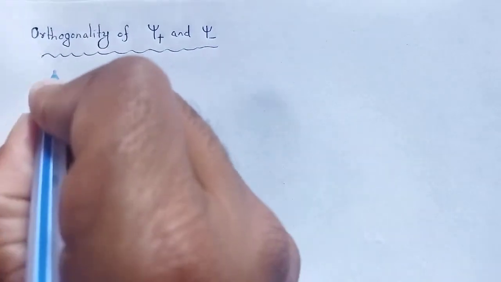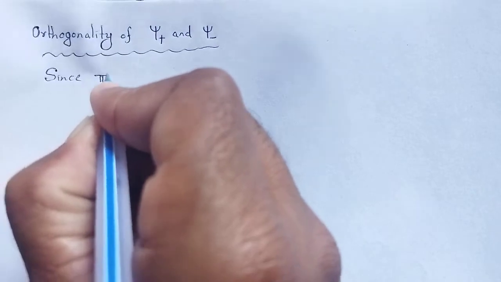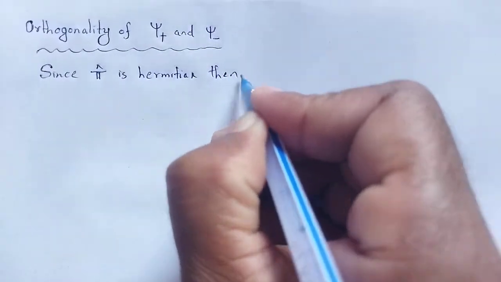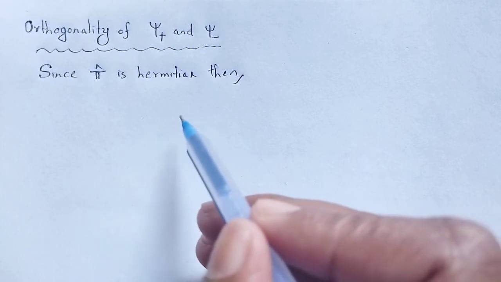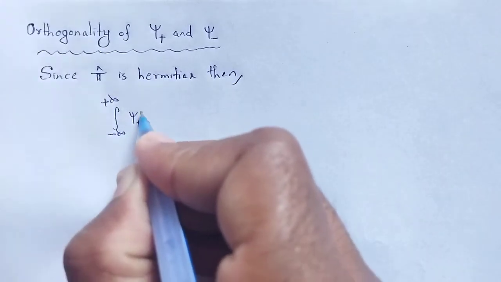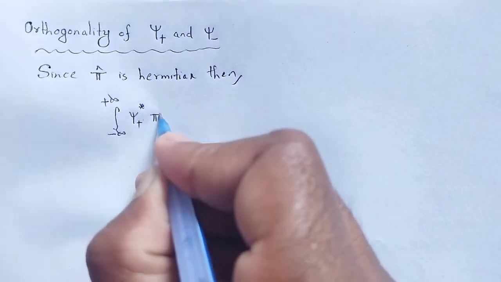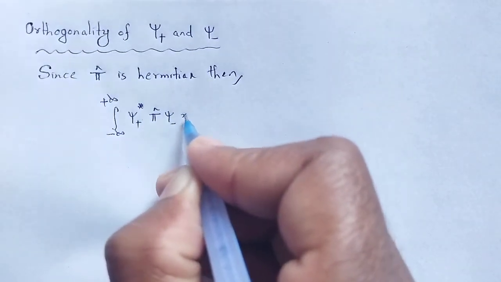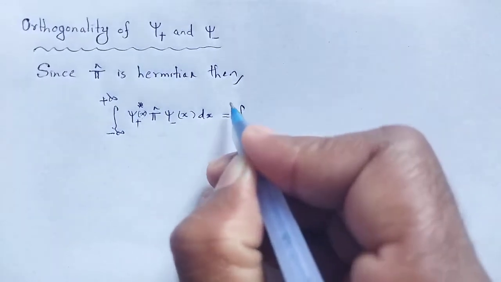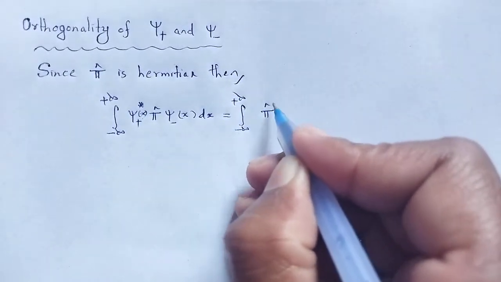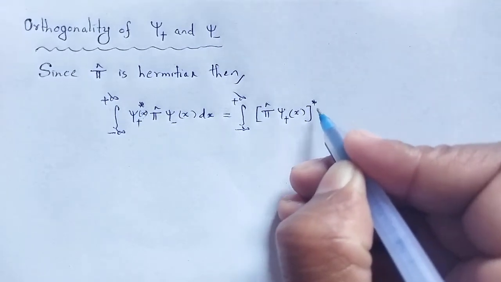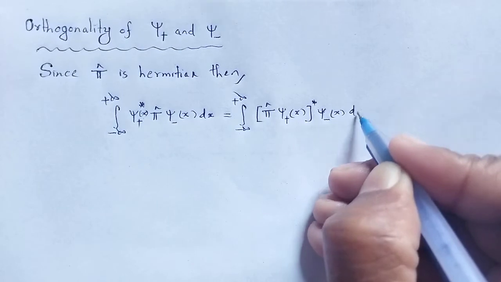Since the parity operator pi cap is Hermitian, then according to the condition of Hermiticity, we write the integration from minus infinity to plus infinity psi plus star pi cap psi minus x dx is equal to the integration from minus infinity to plus infinity pi cap psi plus x star psi minus x dx.